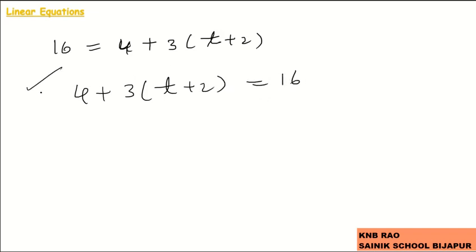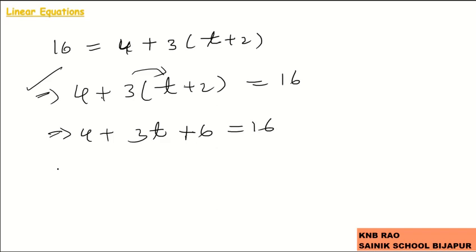Obviously, this is right. Now, here, 4 plus 3 into (t plus 2), the distributive property we are applying first: 3 into t, 3t, plus 3 into plus 2 gives you plus 6, equals 16.